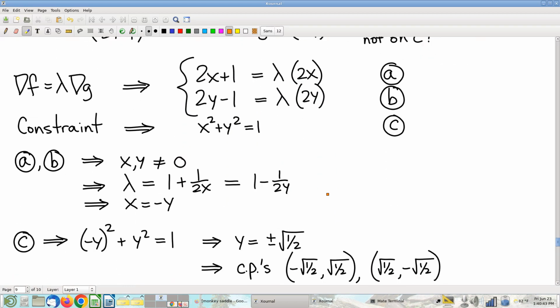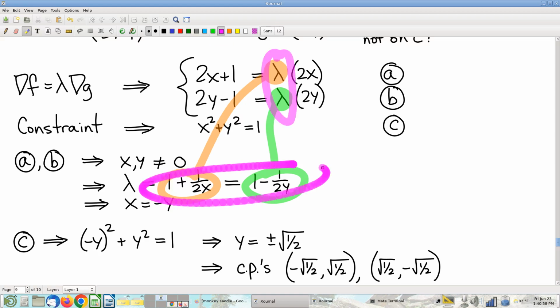So tools for your toolbox. Here's the slick move here. I would like to solve for this lambda and for this lambda and argue that because they're both lambda, those 2 solutions must be equal to each other. Wouldn't that be nice? And it's tempting to just fly forward and do that.